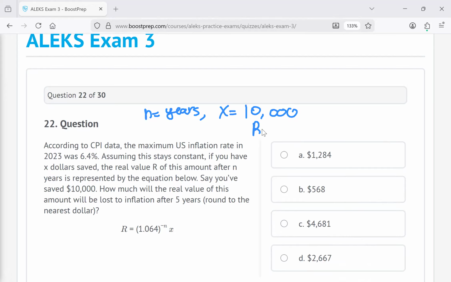Okay, so it's going to be r equals 1.064. If you want, you can write n to the negative, or negative n is a positive power. That would be 1 over, so you can put the n on the bottom and then times this by 10,000. And then just replace your n with, what was our n? 5 years.